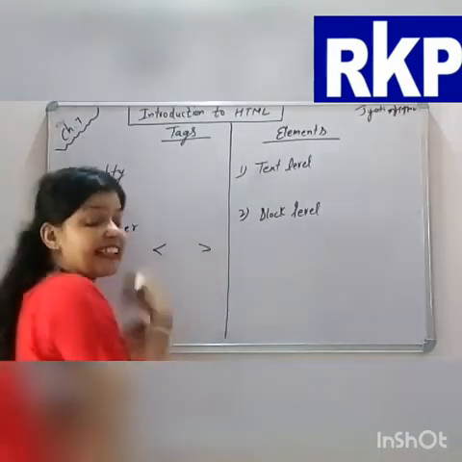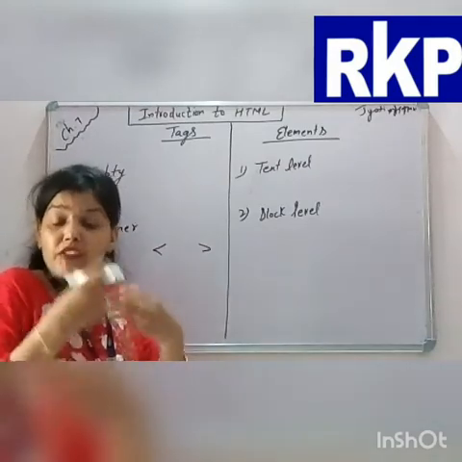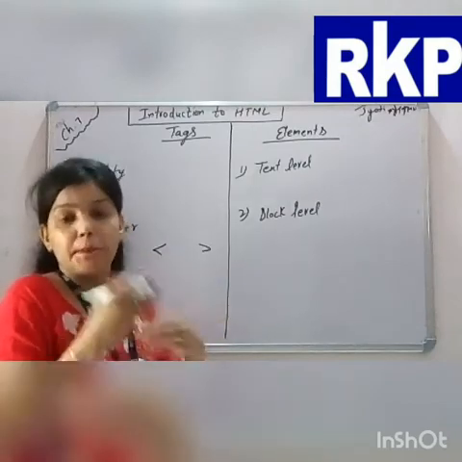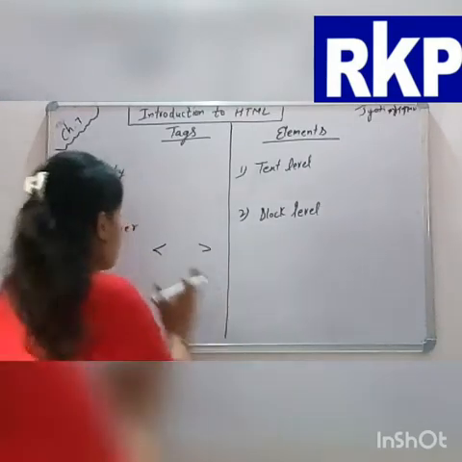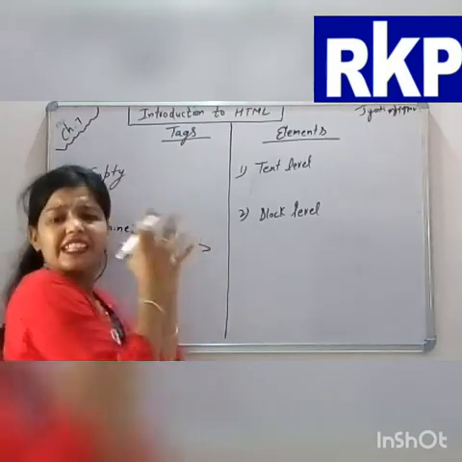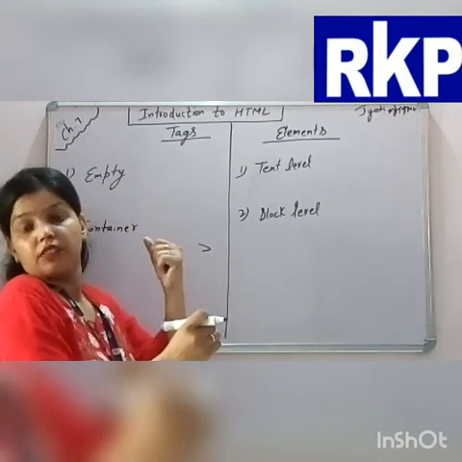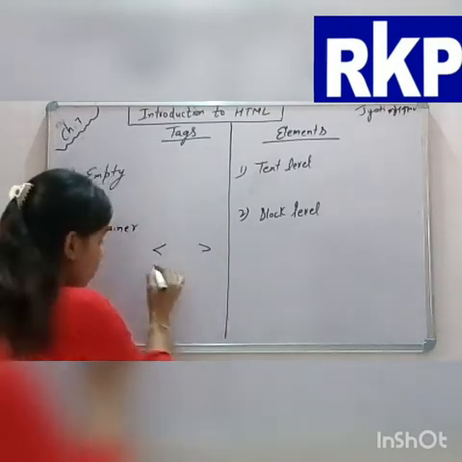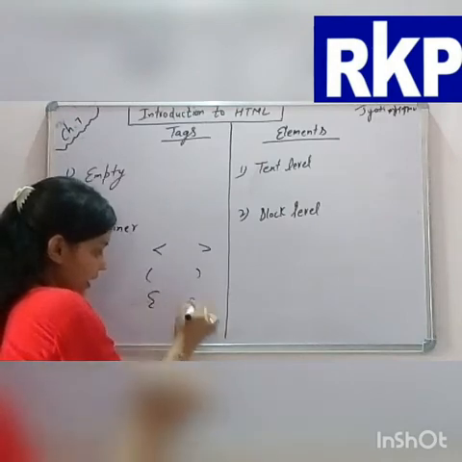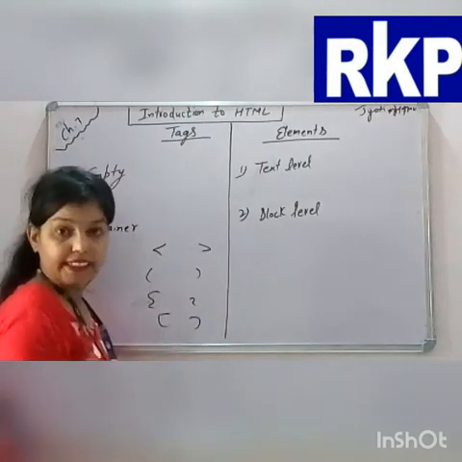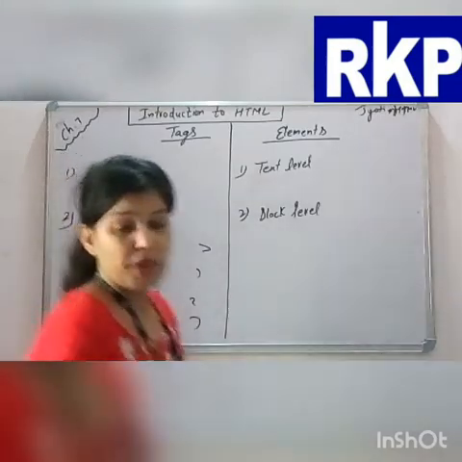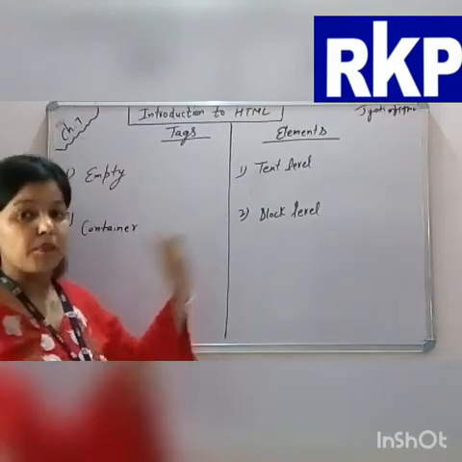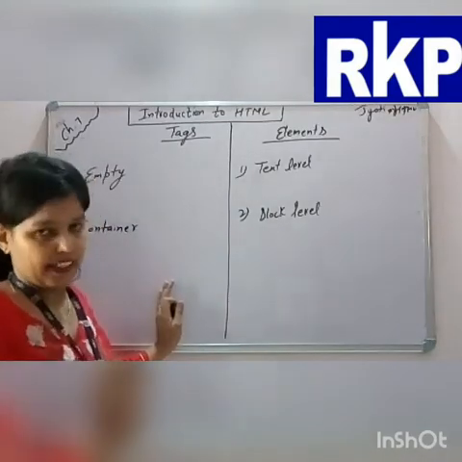Keyword means having special meaning, like B for bold, P for paragraph, I for italic. These are special keywords with a special task, present inside the angular brackets. Not in this bracket, not in this bracket, only angular brackets.